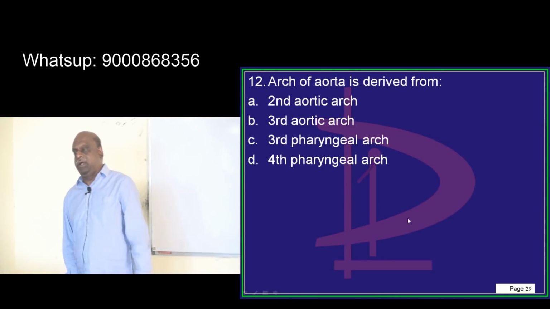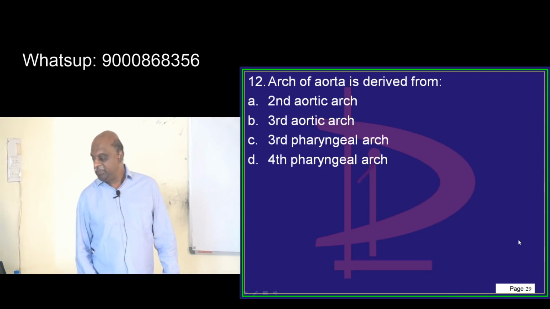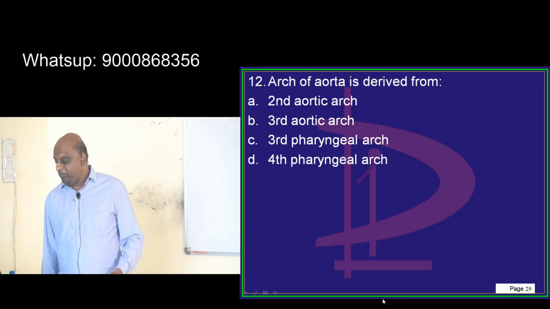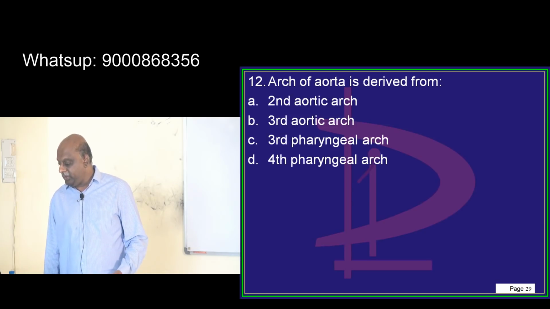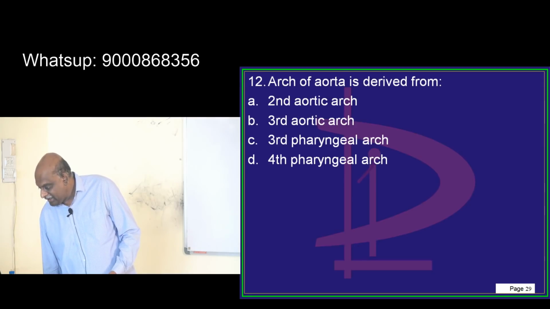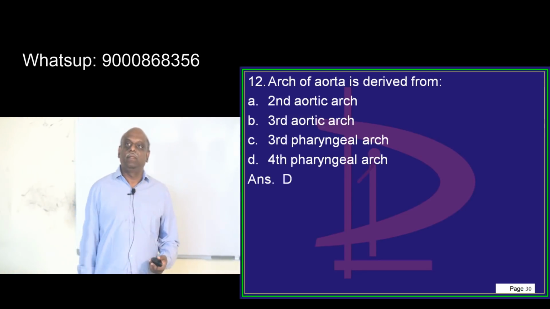Arch of aorta, from where is it derived? Let me see what is your guess. Question number 12. Very good. Gangadeep proposes D. Rocket Trader is also saying D. Absolutely right.